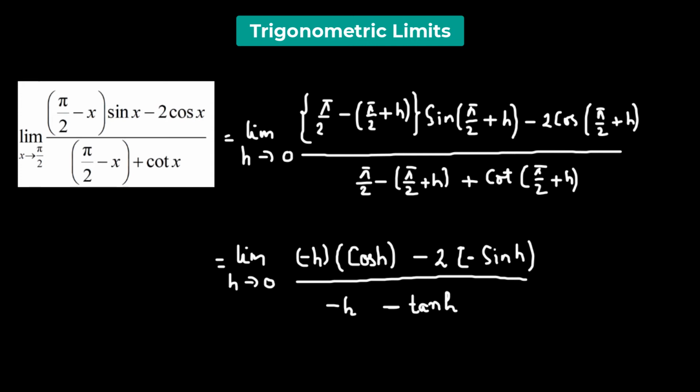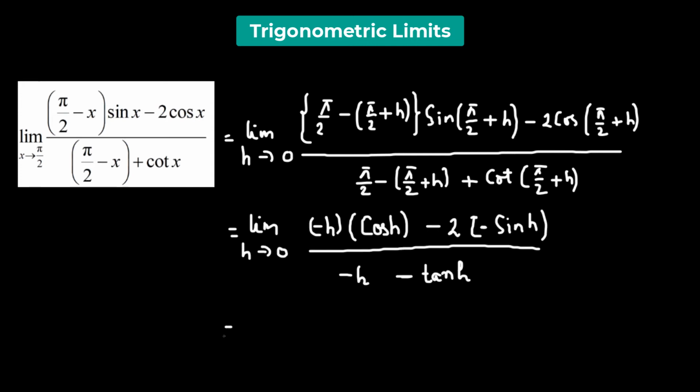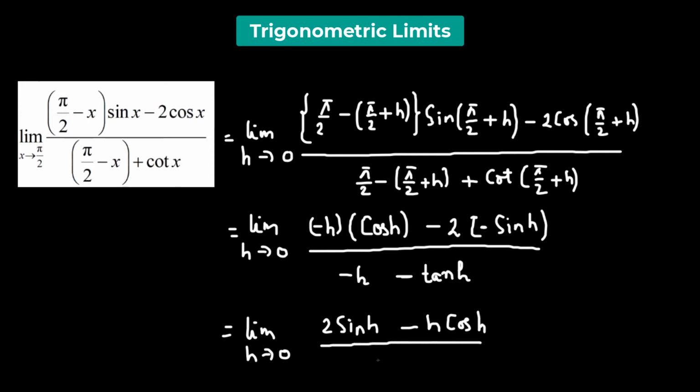So this is going to give us limit h approaching 0 of negative 2 times negative sine h, which will be 2 times sine h, minus h cosine of h, divided by negative h minus tangent of h.